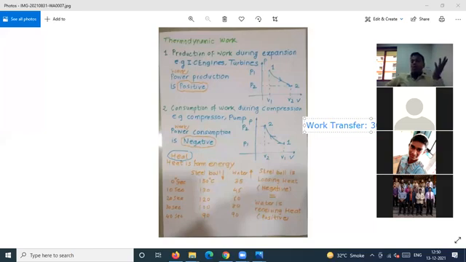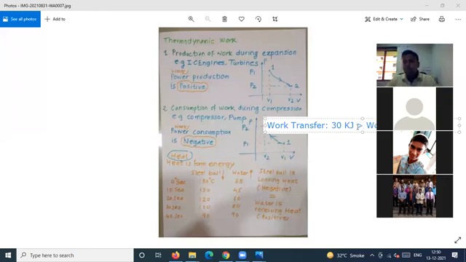If work transfer is 30 kilojoule, you need to understand that work is produced, because when you see the sign, it is positive. For 30 kilojoule, the sign is positive, so it indicates that the work is produced.